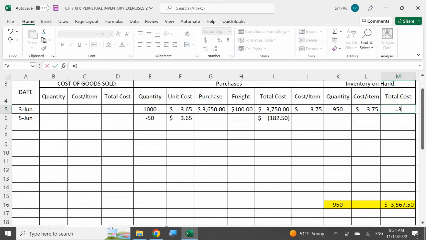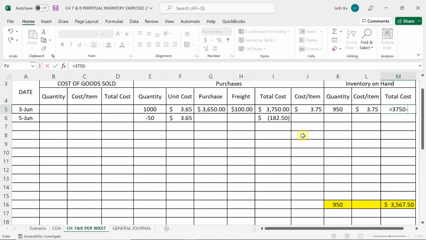Let me double check that. 3,750 minus 182.50 will give me 3,567.50. So then 3,567.50 divided by 950 should give me a cost per item of this.